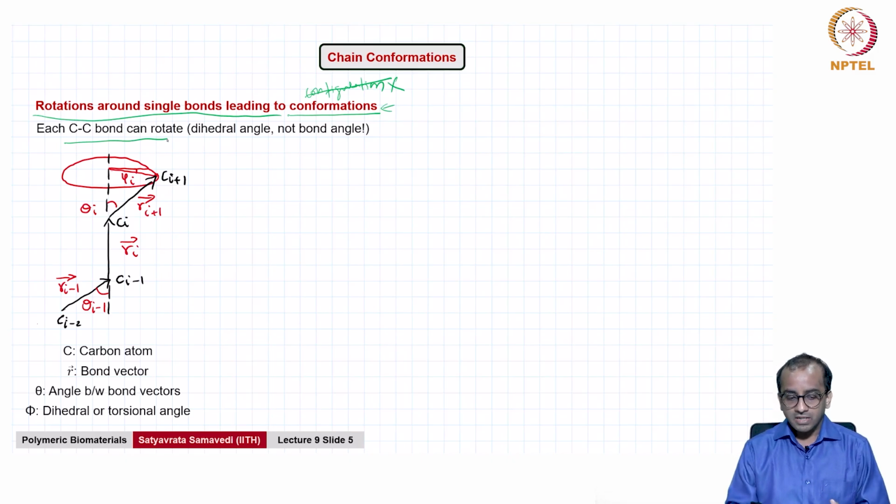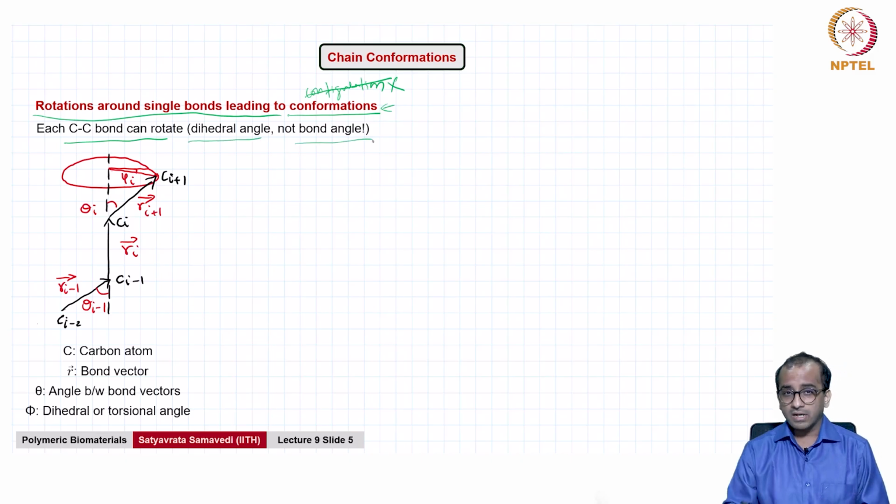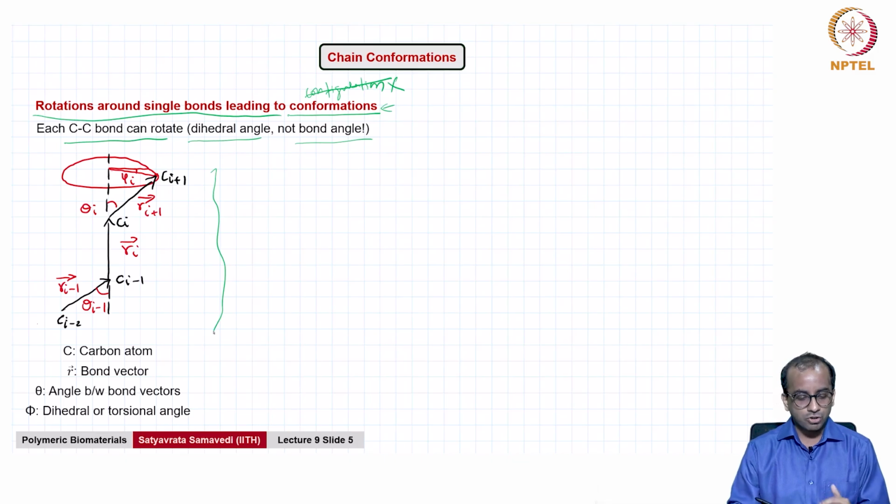So, right away you see that we are using words like dihedral angle, bond angle, etc., and so some terms need to be defined before we proceed further, and we will use this example here to define these terms more clearly. So, shown here is a cartoon or a schematic representation of a 4-carbon segment of a polyethylene molecule.